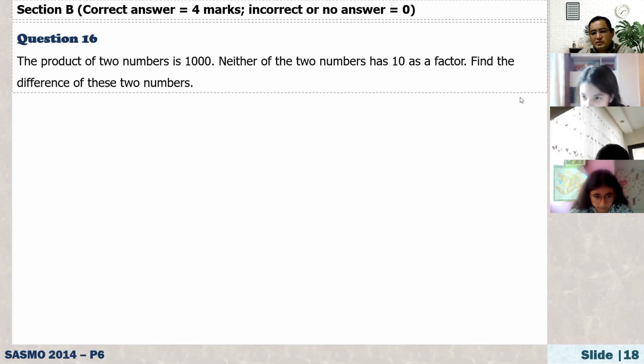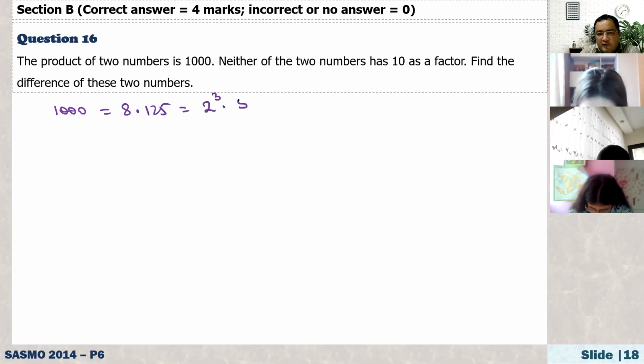Did you find the prime factorization of 1000? It says the product of two numbers, right? So 1000 we can write as 8 times 125, which is equal to 2 cubed times 5 cubed. The only way that neither number is a multiple of 10 is if one must be a power of 2 and the second a power of 5.